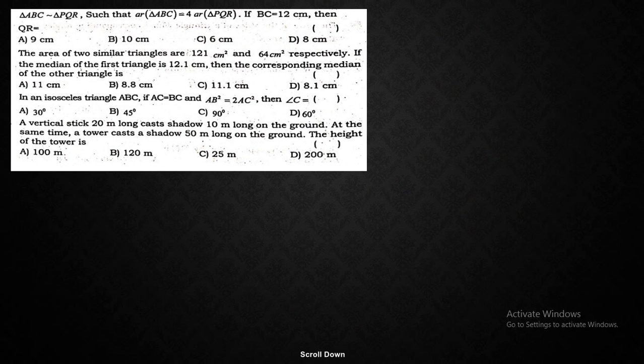Next, moving on to one more question. Triangle ABC is similar to triangle PQR, and he is talking about areas. The area of triangle ABC by the area of triangle PQR is 4:1, right? Now directly A1 by A2 is equal to BC square by QR square.